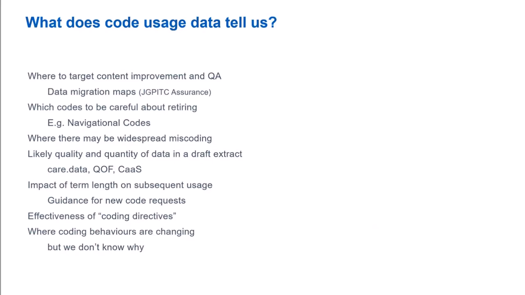Another potential use of the code usage data is when people didn't know which codes were being used and which were not, but they were asked to craft data extract specifications for complicated bits of medicine, like find me all the codes that indicate the patient is immunocompromised, for example. An awful lot of time can be spent wondering whether code A should or should not be clinically in the list.